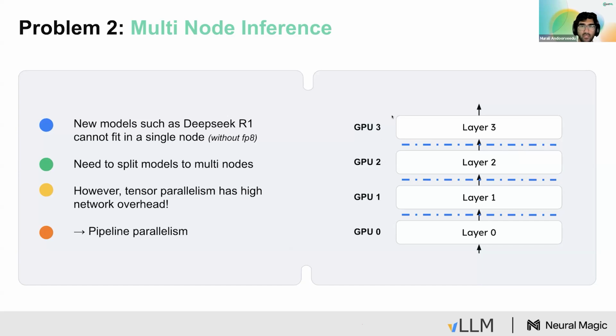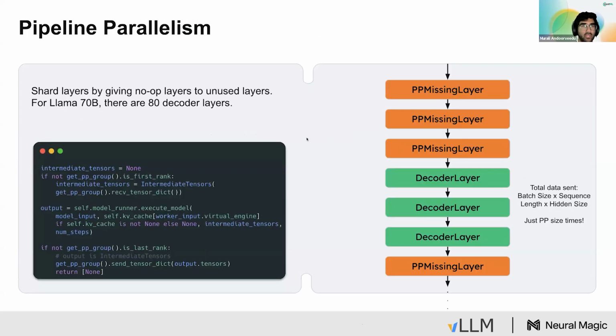It's similar to tensor parallelism, but it's done along a different axis, basically. The way we do this in vLLM is that for each GPU, we replace each of the layers that we are not computing with a missing layer placeholder. Each GPU only contains, or loads the weights for, the layers that it's supposed to compute.